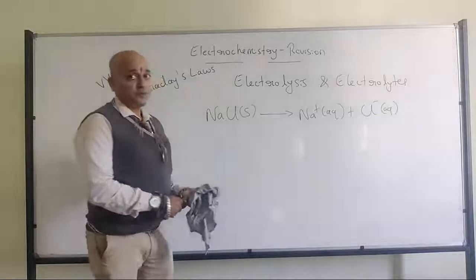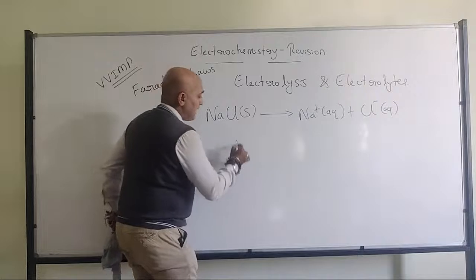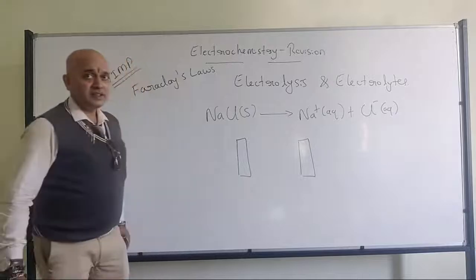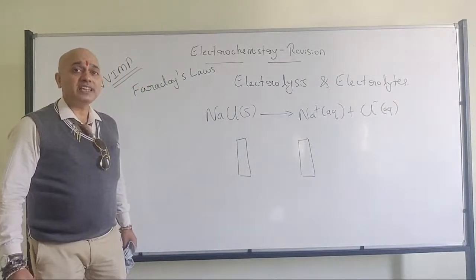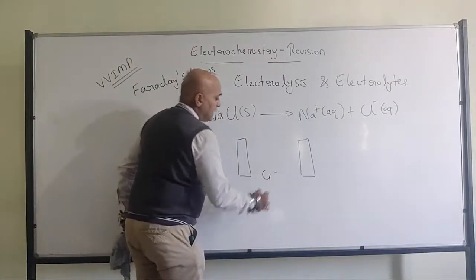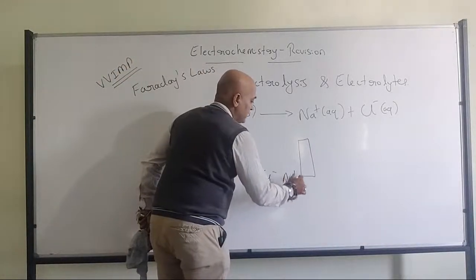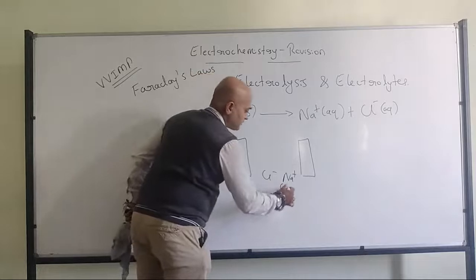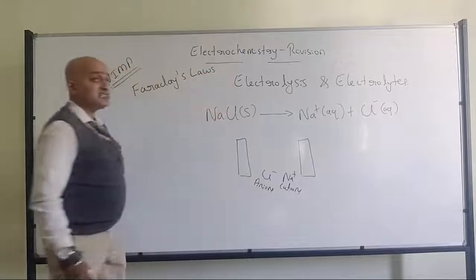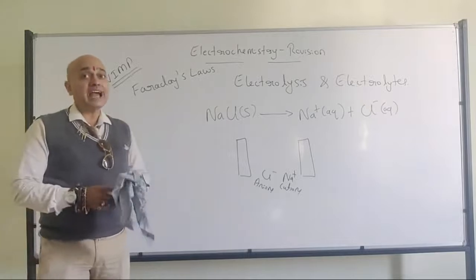Okay? Now, when I am talking about electrodes, all of us know that we will have the anode and on the other side the cathode. Naturally towards the anode, anions will enter the picture and towards the cathode, cations will go. Since we are dealing with the electrolytic cell, I am not talking about the galvanic cell now.